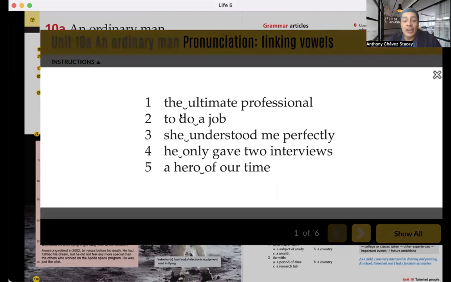Everybody, can you notice that when the next word starts with a vowel, the word the, even though it's the same word, is going to be different from when the next word starts with a consonant? When it's a vowel, this word is going to change to a D sound, the ultimate professional. So can you say the ultimate professional?